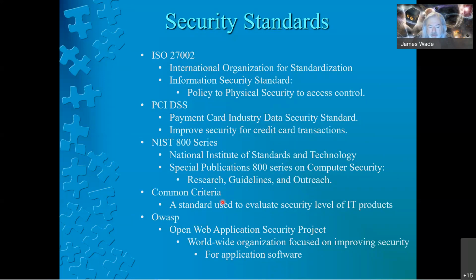Common Criteria, a standard used to evaluate security levels. OWASP, Open Web Application Security Project. Matter of fact, I have labs on this in the intrusion detection class. This is where they have software that will scan web-based applications to see if there are any vulnerabilities in the web applications themselves.